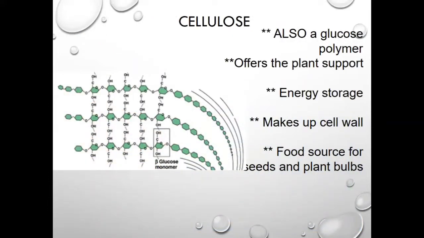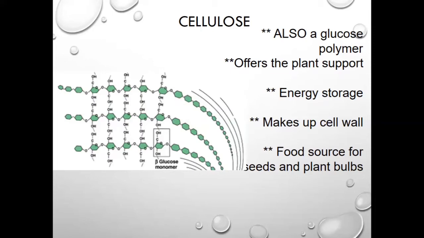Cellulose, which is also a glucose, pag sinabi natin glucose, ibig sabihin, form of sugar, glucose polymer again, offers the plant support and energy storage, which makes up cell wall, a food source for seeds and plant bulbs.